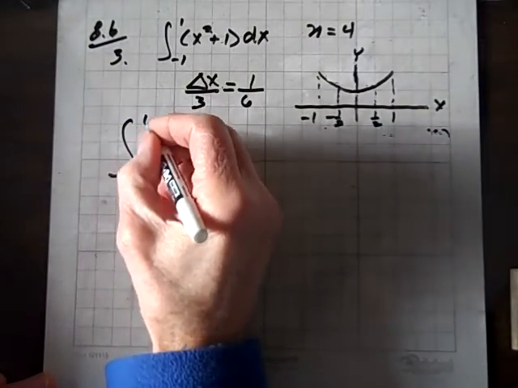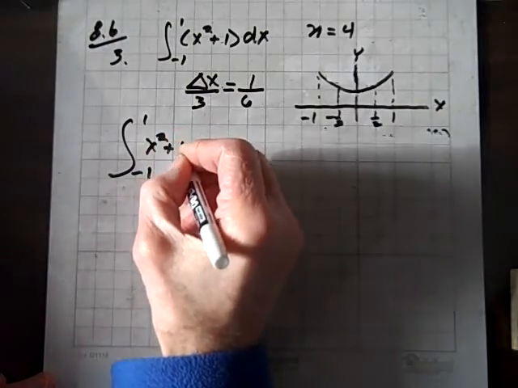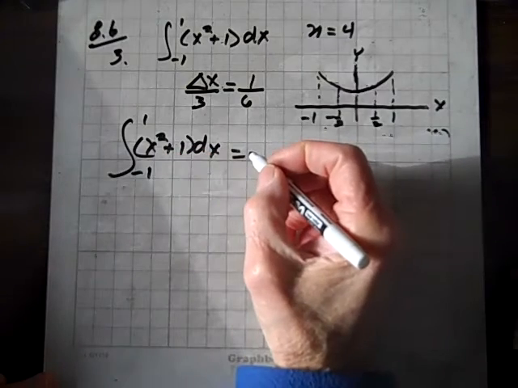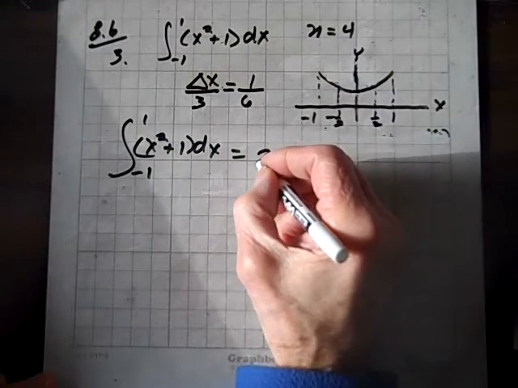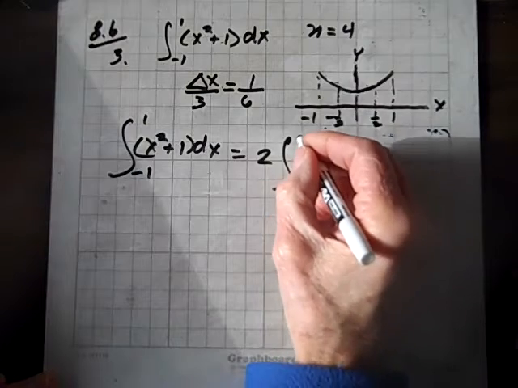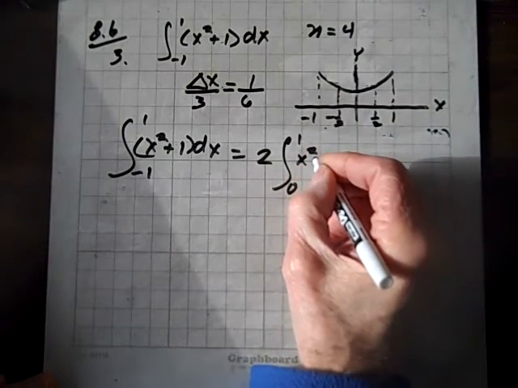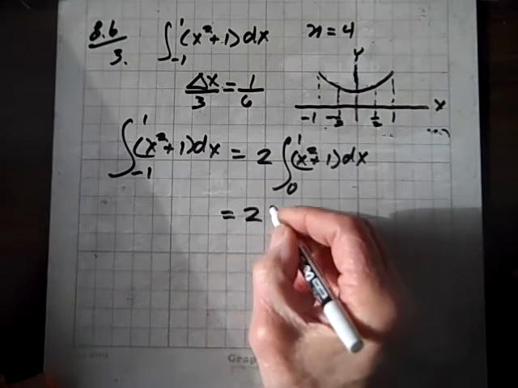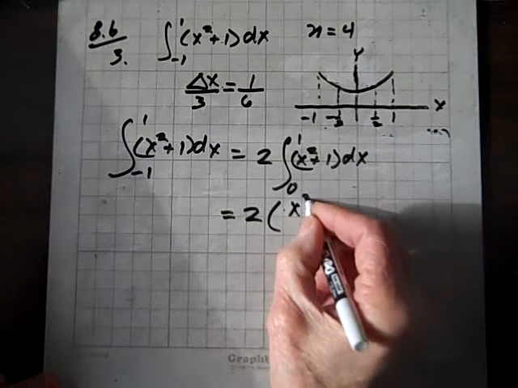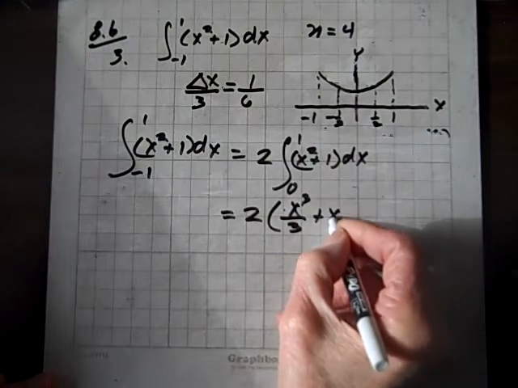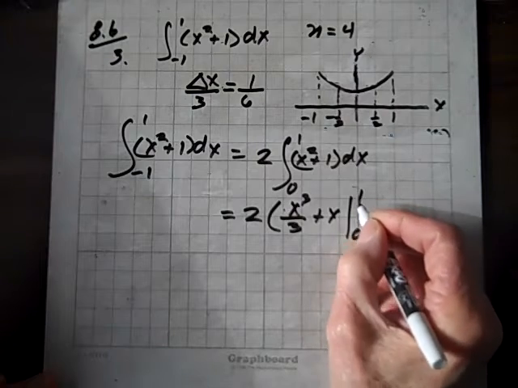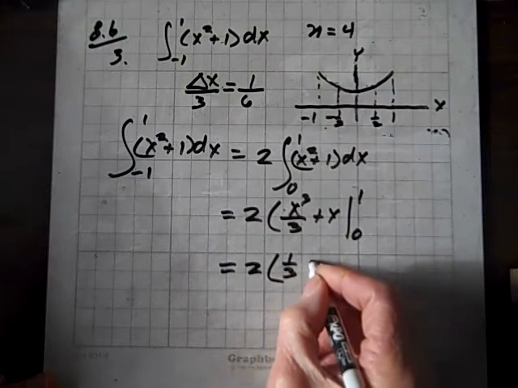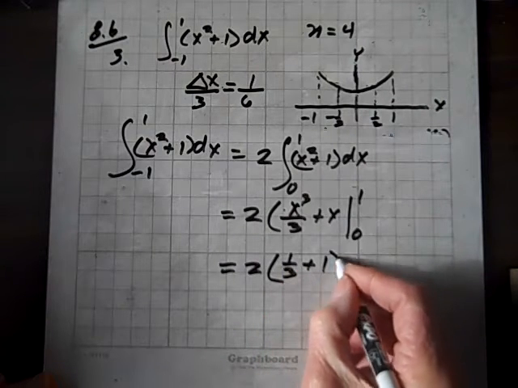So -1 to 1 of x squared plus 1 dx equals, since this is an even function, we can just evaluate from 0 to 1 of, and double that, x squared plus 1 dx, which equals 2 times x cubed over 3 plus x from 0 to 1, which equals 2 times 1/3 plus 1 minus 0.